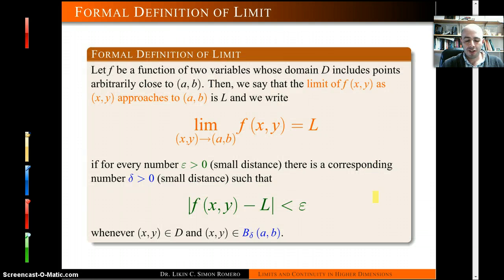The formal definition says something like this. I'm going to just try to explain what it says geometrically.